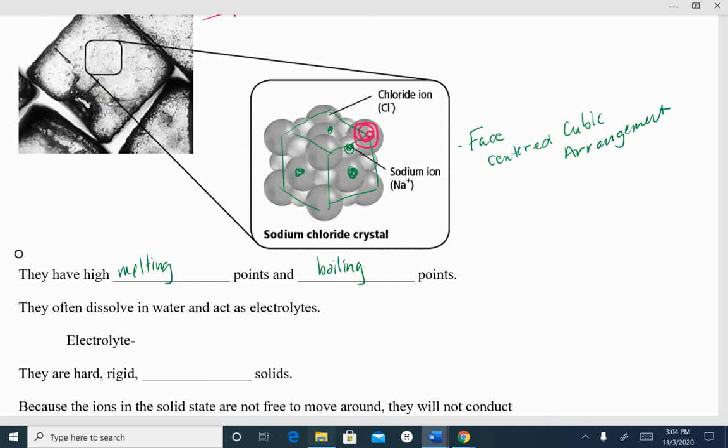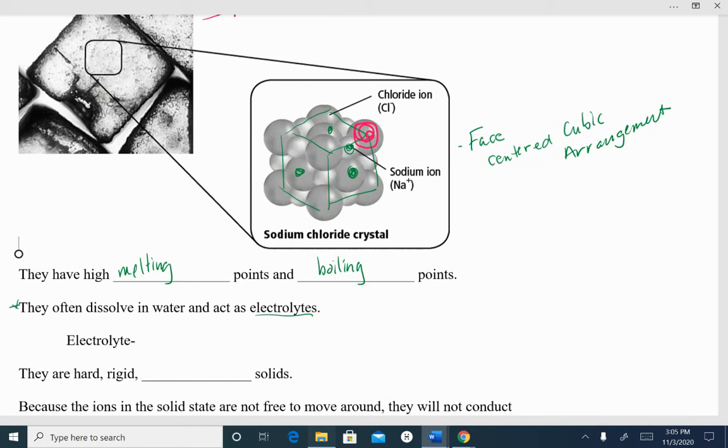The stove would probably melt first too. And to get salt to boil, oh boy, you're talking a couple thousand degrees. It's super, super hot. Ionic compounds also tend to dissolve pretty easily in water, and they create electrolytes.